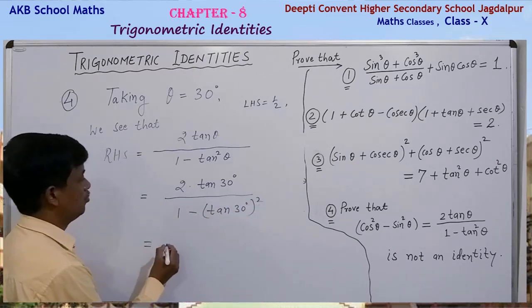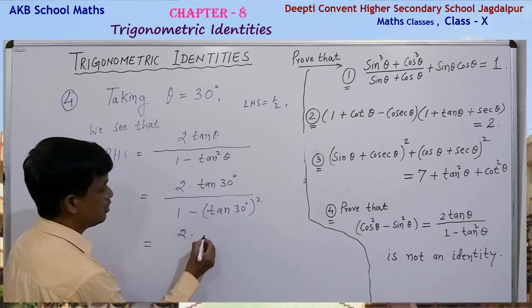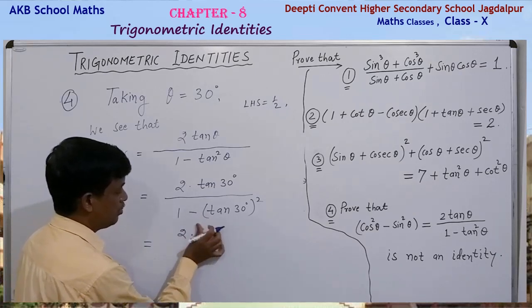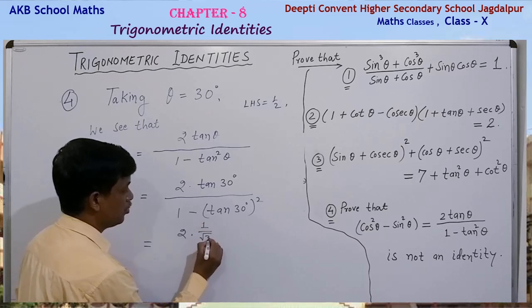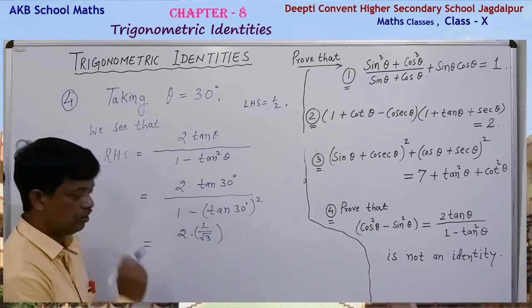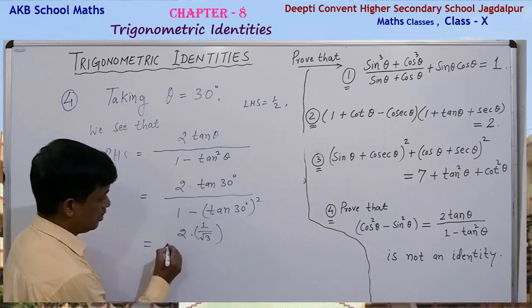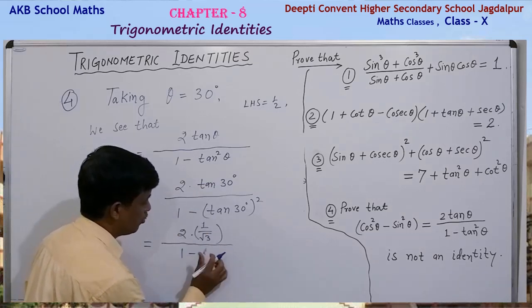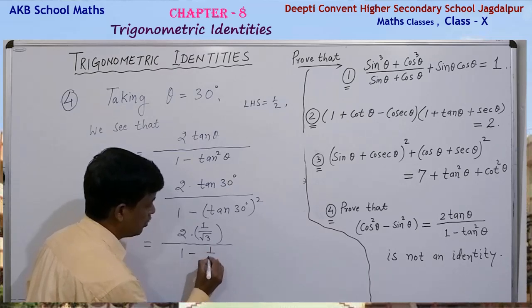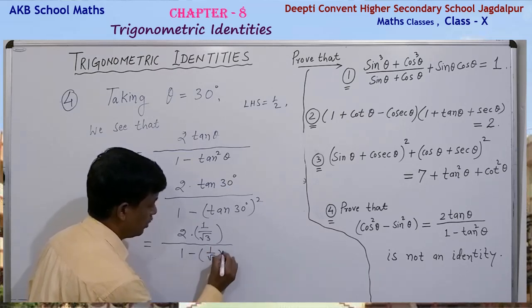Now put the value: tan 30 means 1 by root 3. Tan 30 means 1 upon root 3. So we write here 1 by root 3, and 1 by root 3 squared.